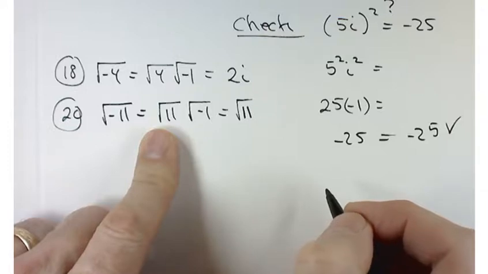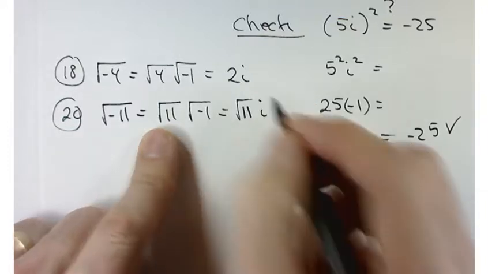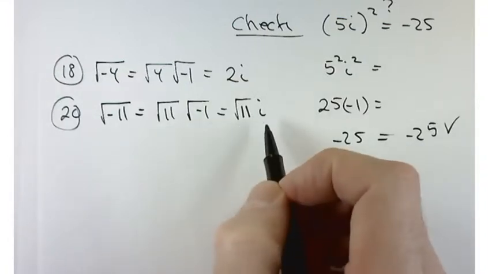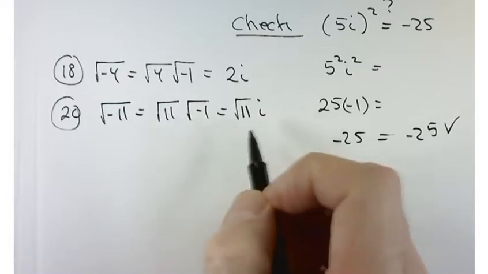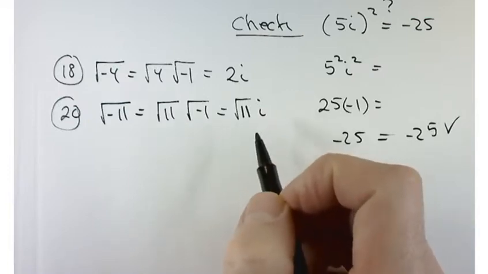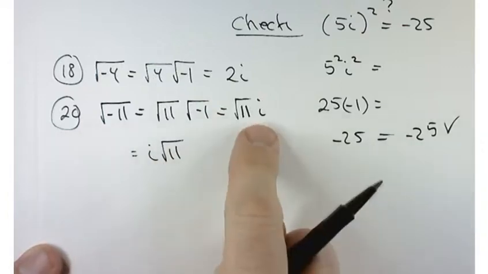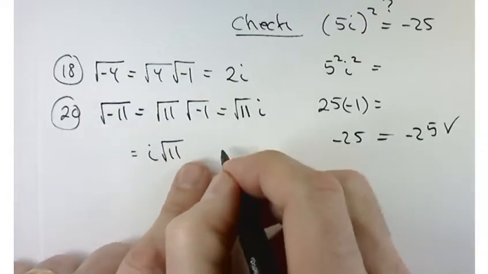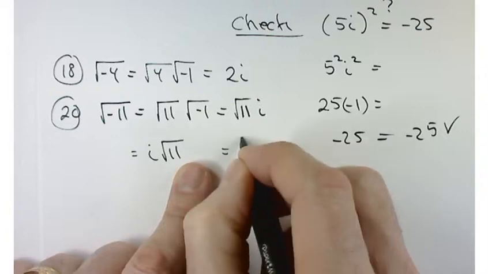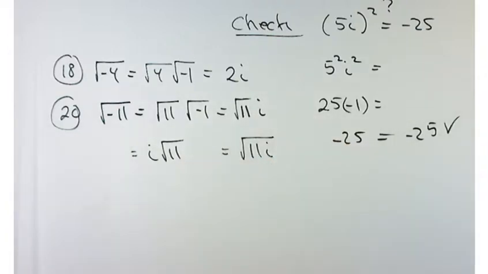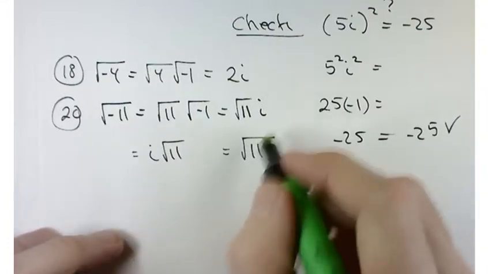Where's the simplification? i. Now, generally speaking, you write the numbers, then i. With square roots, I kind of make an exception. And I'm not the only one that would do this. Sometimes I'll write i times the square root of 11. The reason for that is because it's very easy to get a little sloppy and extend that square root over the i.